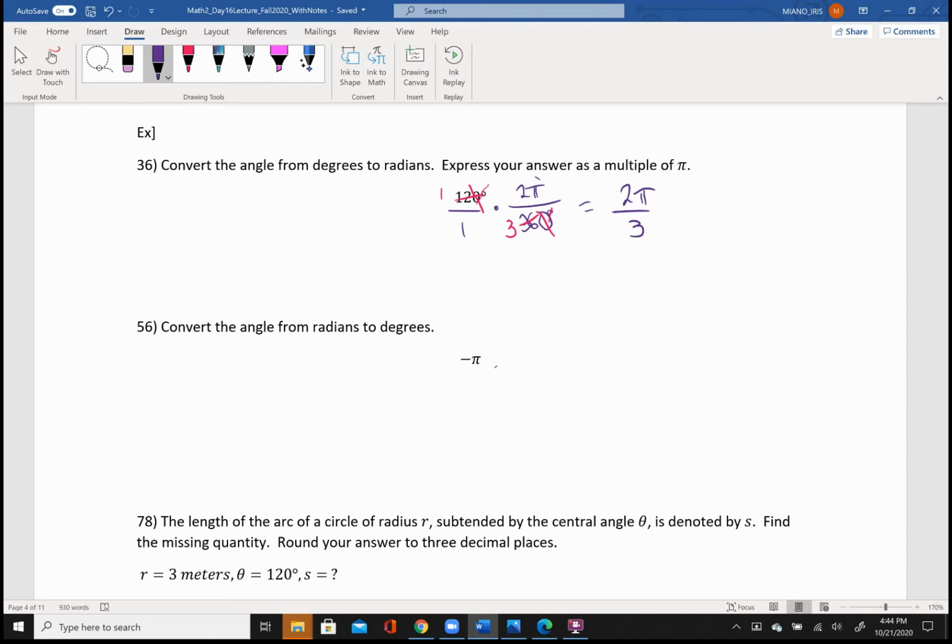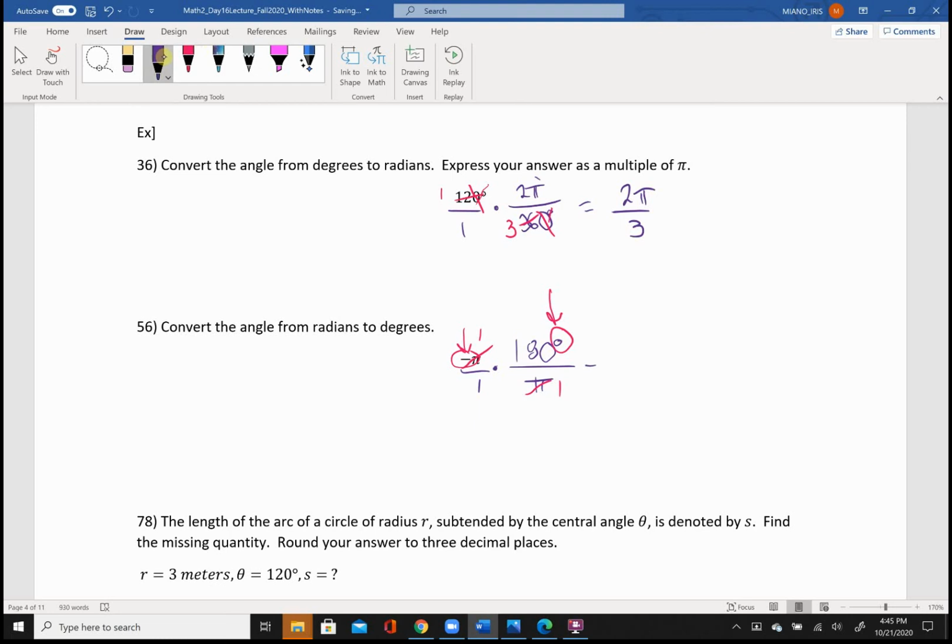So here's my unit conversion. Pi is equivalent to 180 degrees. So that's going to be my unit ratio. I'll put that negative pi over a 1. And notice that happily these pi's cancel out. I have units to take into account, and I have a sign that I need to recognize is still very much in play.